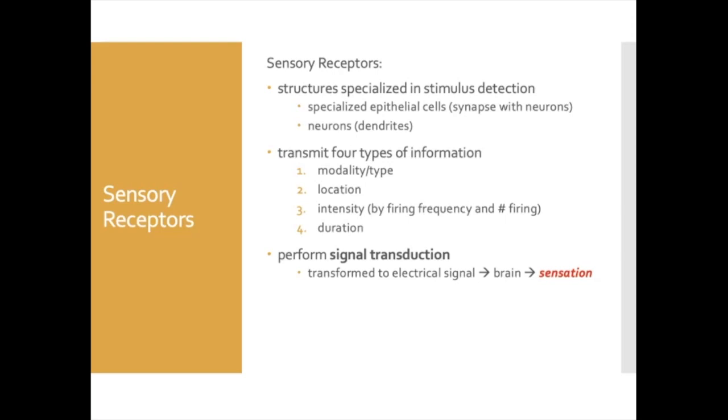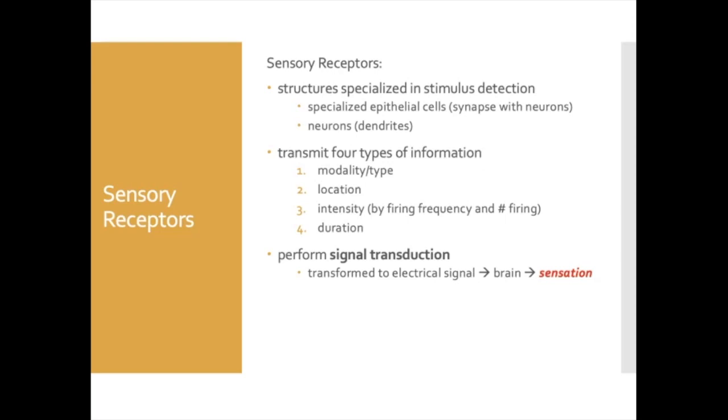So in the lecture, we discussed the 4 kinds of information that receptors are going to pick up, that they're going to detect and send along afferent sensory pathways in the peripheral nervous system to the central nervous system.